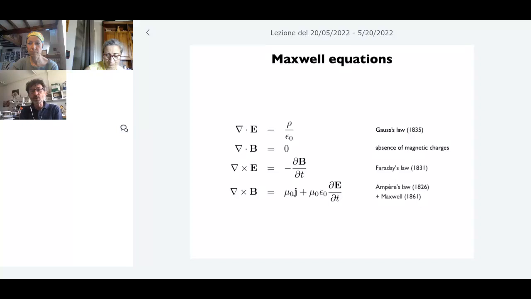This we put to zero, so we assume that nothing is changing in time. And then we are interested in the magnetic field, so we disregard free charges. So we have no charges. Then the problem is enormously simplified.